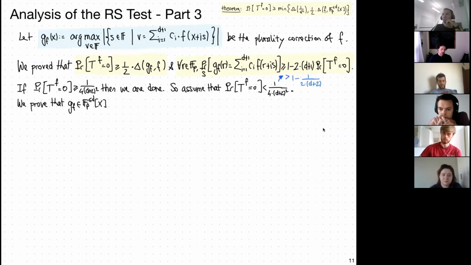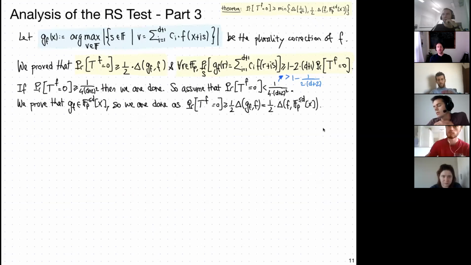And now we want to prove that under this construction, the function gf is in fact a function of low degree. And then we are done as before, right? Because we want to prove that the rejection probability is at least a distance from gf, but gf is a low degree function, and so this gives us also a lower bound on this function.